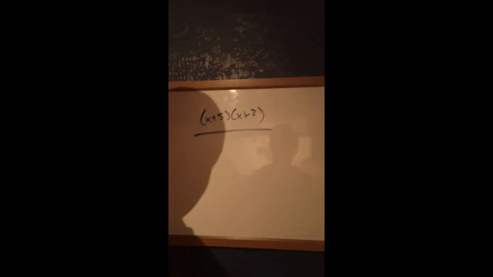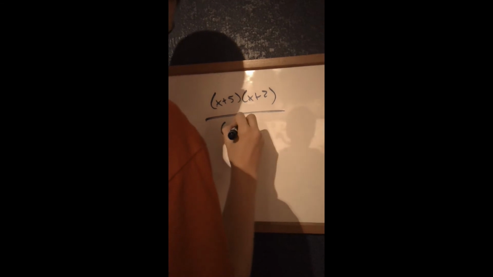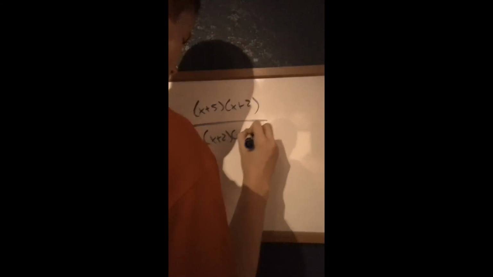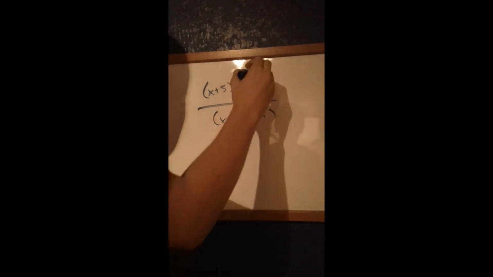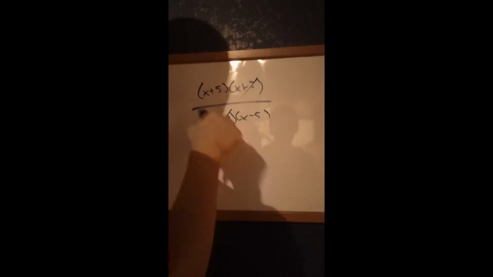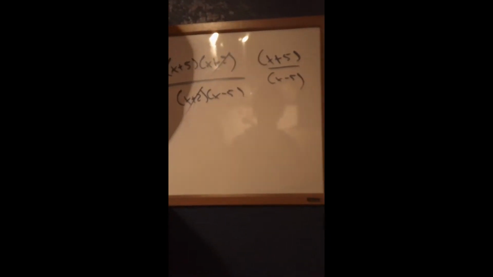Factor this one. This becomes x plus 2, x minus 5. This is where we cancel. So x plus 2 and x plus 2, and these can't cancel because they have opposite signs, so you're left with x plus 5 and x minus 5. Parentheses are optional for single binomials.